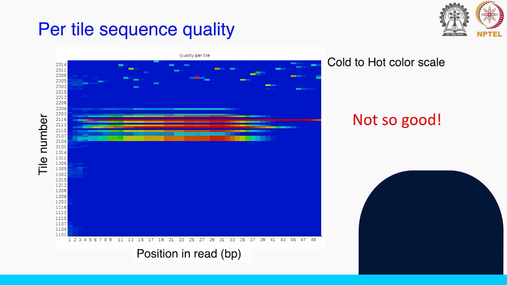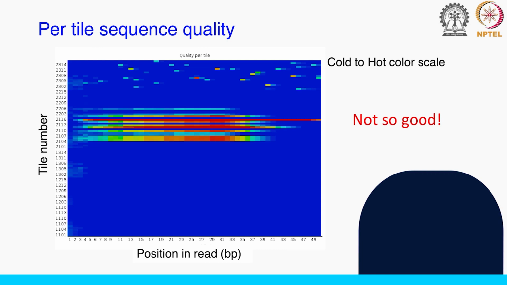So, now going back to the data format, when talking about the header, why do you have these coordinates, this tile number, etcetera? This is where this information becomes useful. One of the things you probably want to check is, if you see a bunch of low quality reads in your data, whether these low quality reads come from the same place in the flow cell, whether they cluster together from the same tile or in neighboring regions.